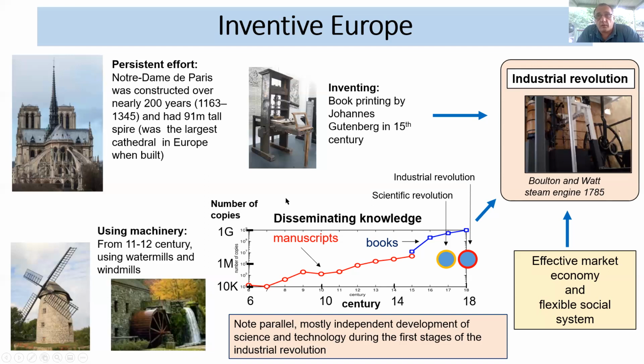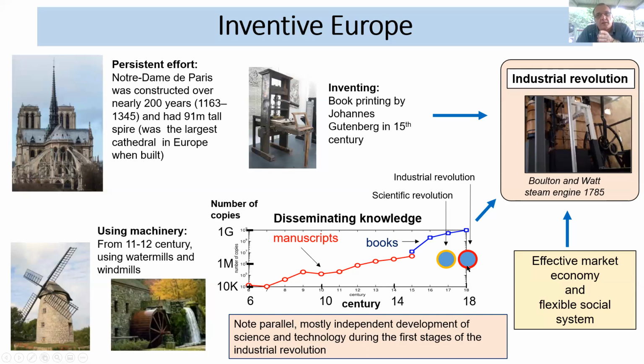during all these centuries. Another point that we need to make is that one of the most important discoveries, which is book printing, which was introduced in the 15th century by Gutenberg, was followed by significant changes in information flows, increase of exchange of information, which subsequently resulted in scientific revolution and then in industrial revolution.